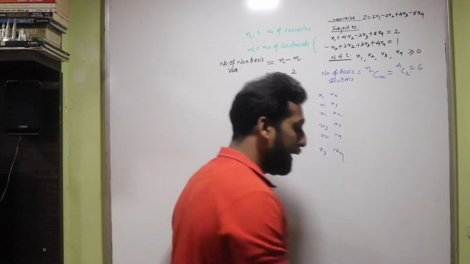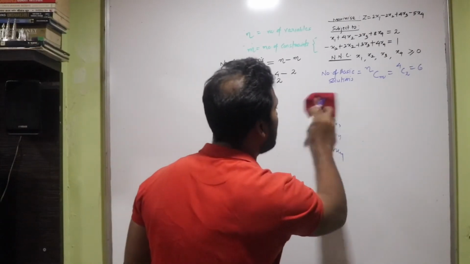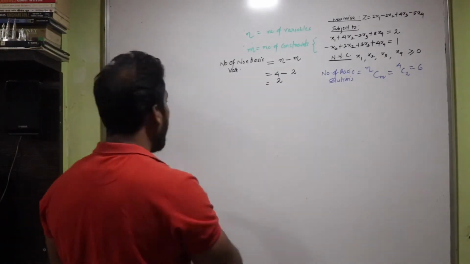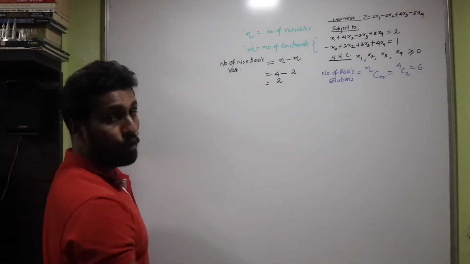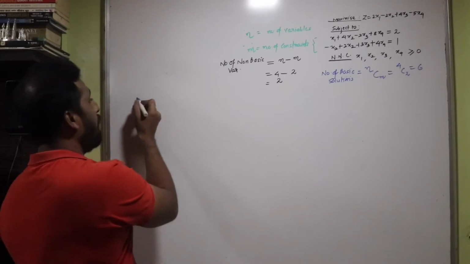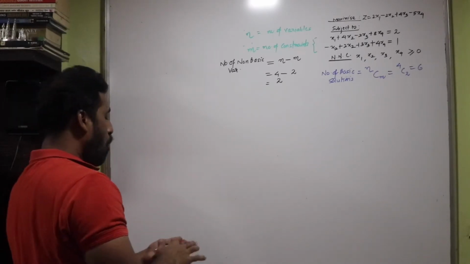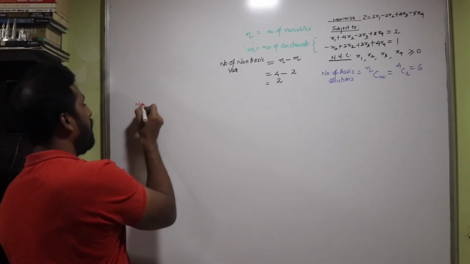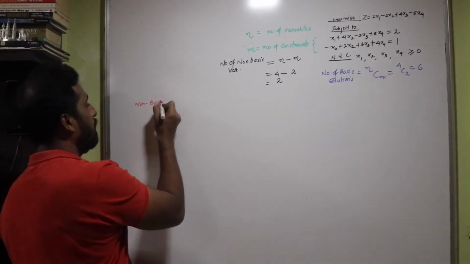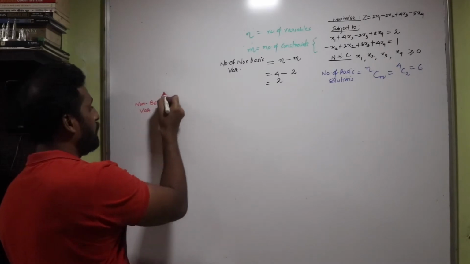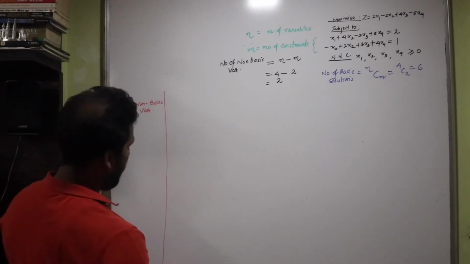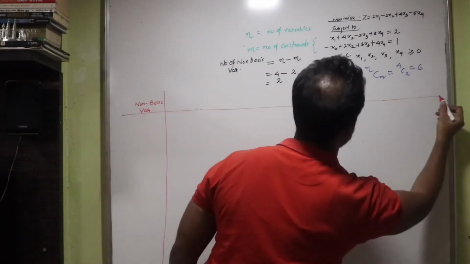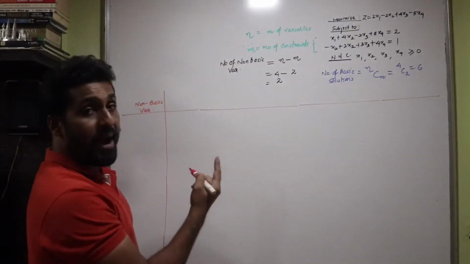So I'm going to take these 6 sets of values. I'm going to construct one table here. So now I know there are going to be 6 solutions, isn't it? So first of all, I'll write the non-basic variables. Do you remember in the non-basic variables how the pairing was done?